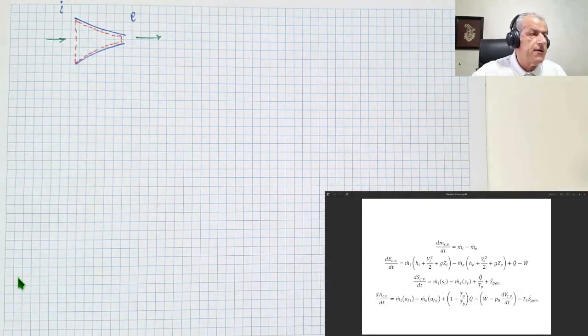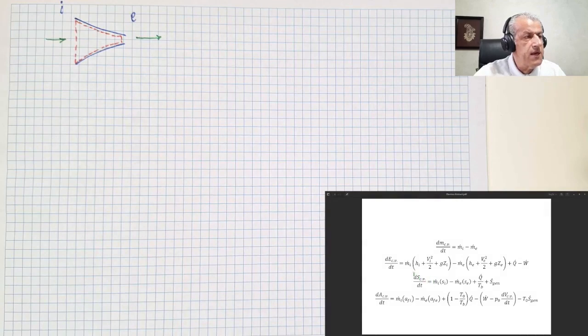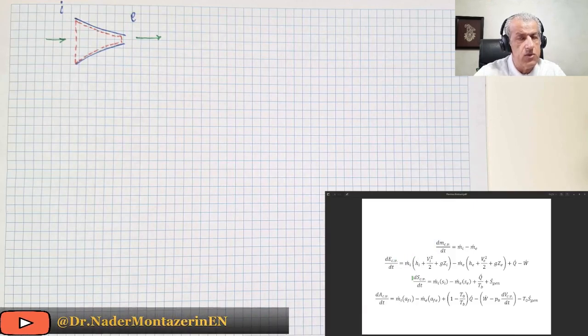And for the equations as you see them here, all the left-hand sides would be 0. This left-hand side would be 0, 0, and 0, since the nozzle is steady.